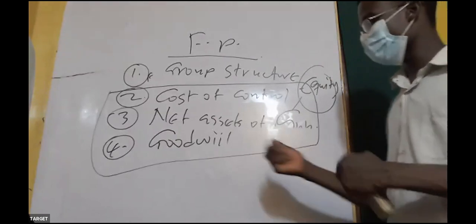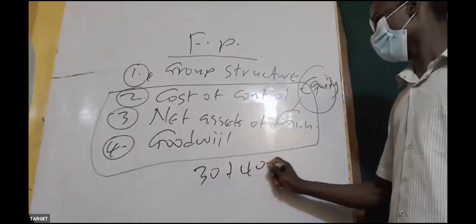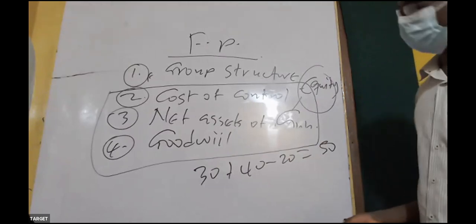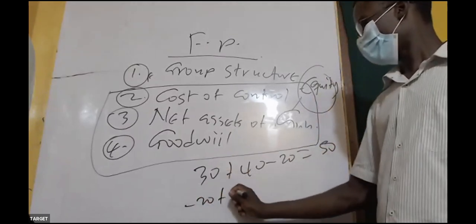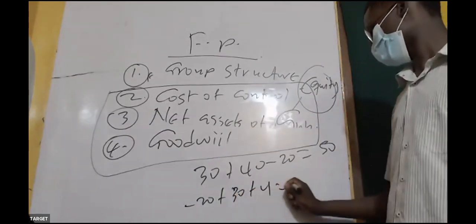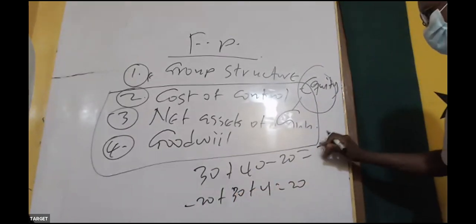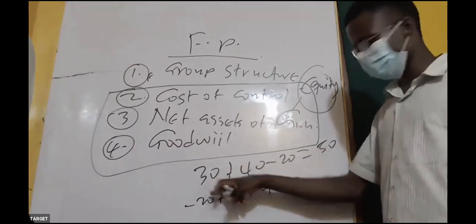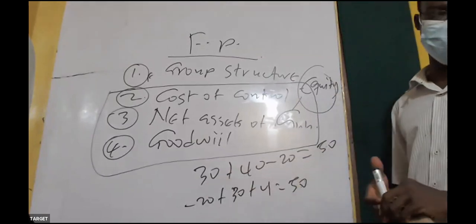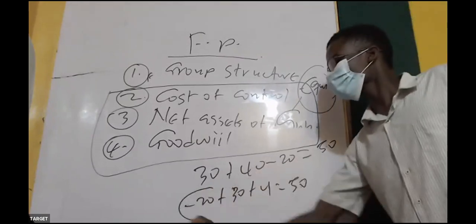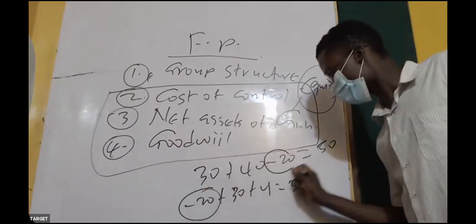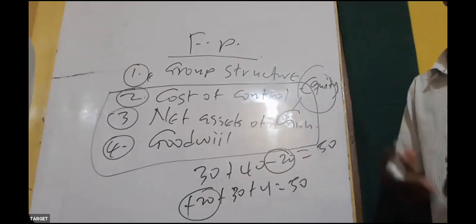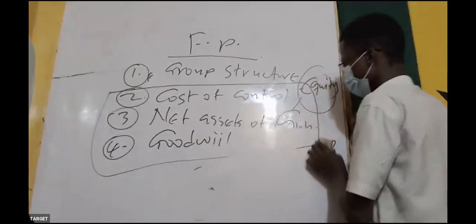If someone says 30 plus 40 minus 20 is equal to 50, somebody can also say negative 20 plus 30 plus 40 is also equal to the same 50. Basically, it does not change the final answer or the principle behind it. You are subtracting this, it's enough. Over here, you are subtracting it, it's okay. But why would you make it positive instead of negative? That's where we will not understand. So let's take note of it.